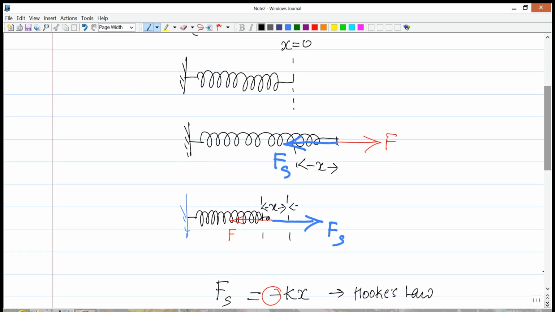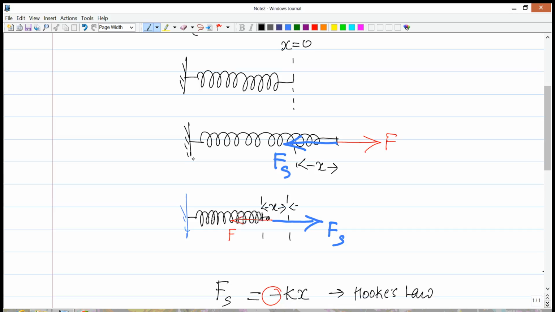And if you look at the two pictures here, let's look at the second picture where the spring is being compressed. Now when the spring is compressed, the X is positive, and negative K times X ends up being a negative number, which tells us that the spring force is to the left.